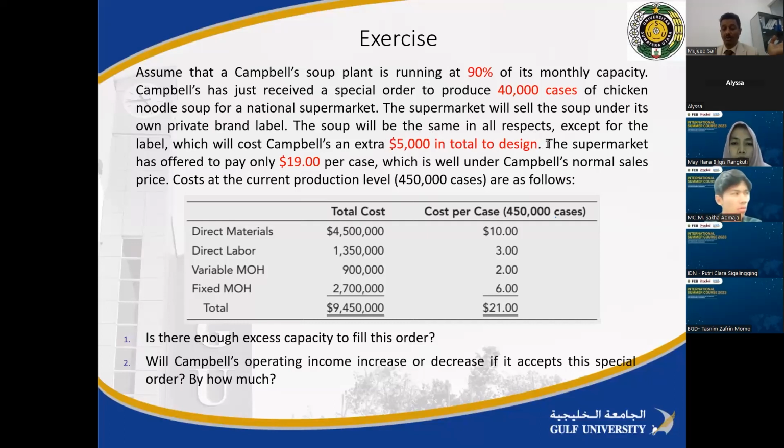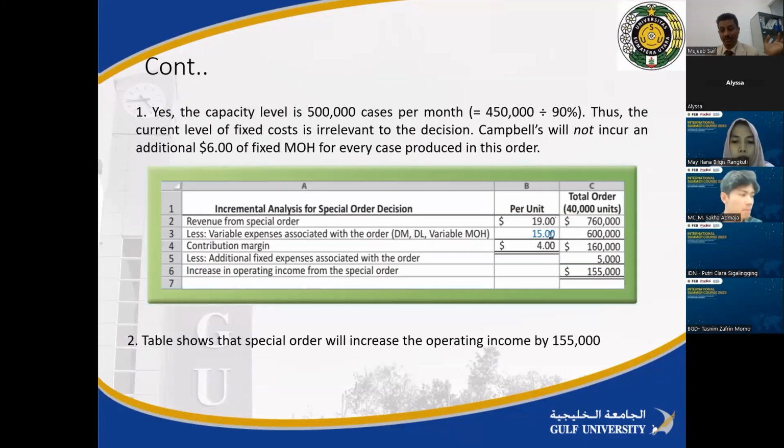That means the cost that we will pay to accept this order: we will produce 40,000 units, and variable cost is 15. So $15 multiplied by 40,000 cases, we should pay 600,000 for variable cost, right?